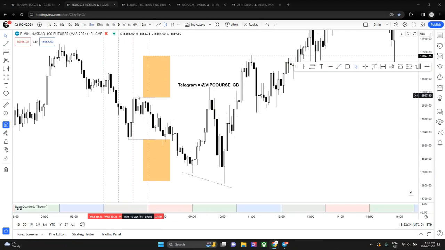We took out sellers here with this move. When price traded down, we took out the buyers that bought above this high with buy stops. And again, below this low, we took out the buyers that got in right here. Then there was SMT. All of this occurred during Q3, if you can see.